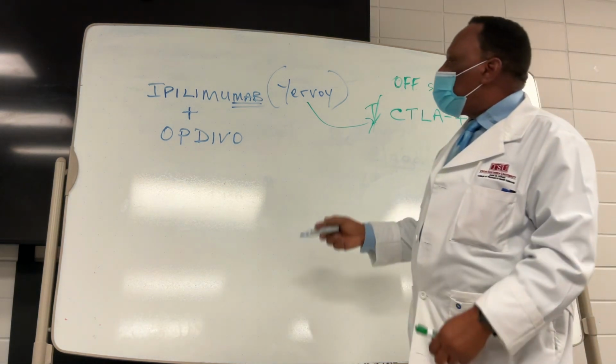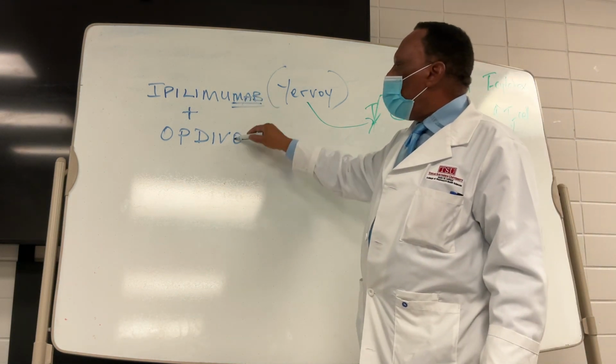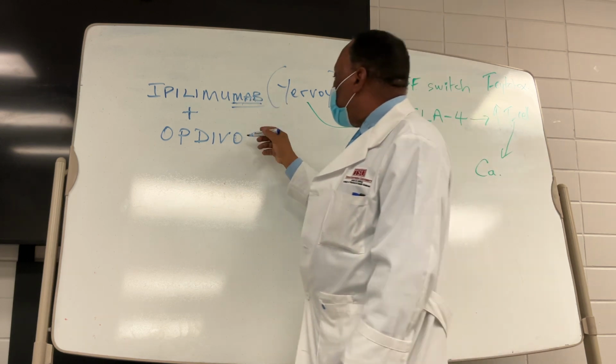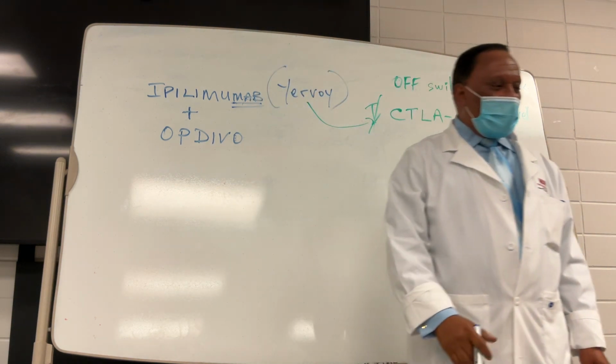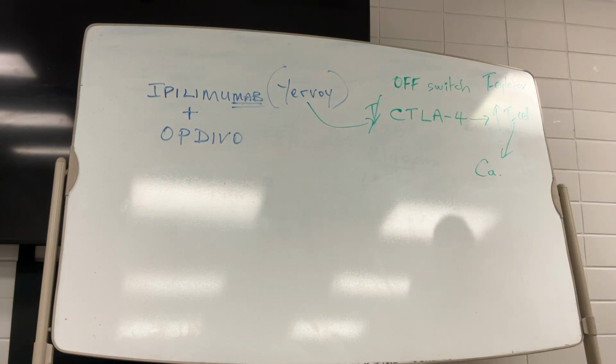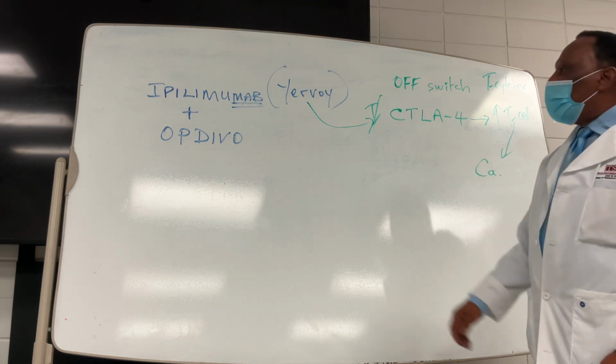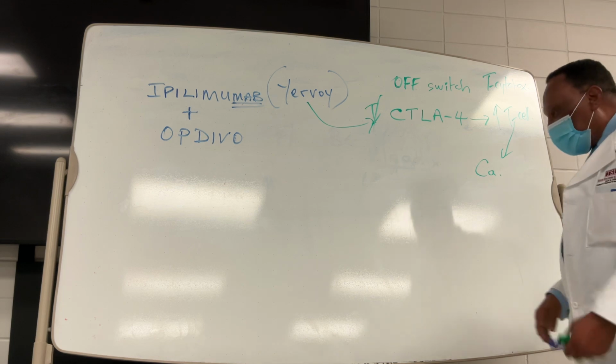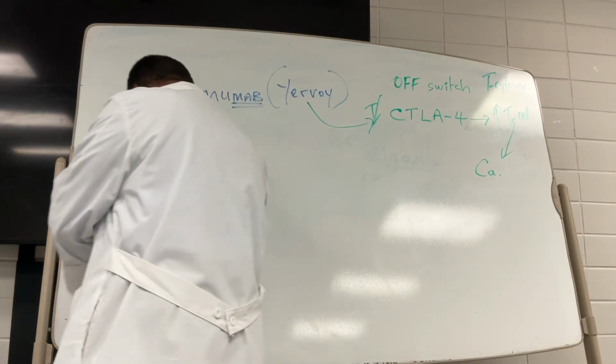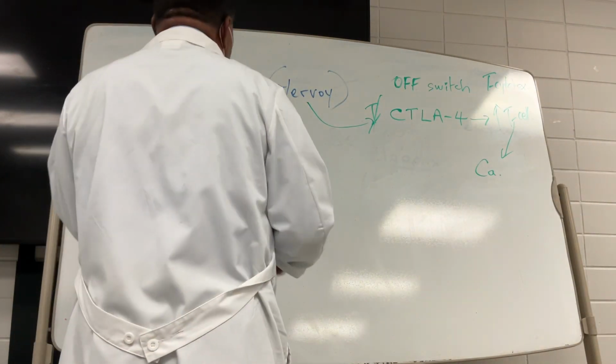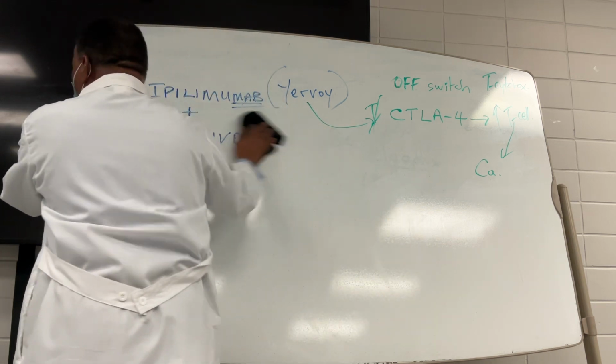Okay, so this combination you can very often see used together for the treatment of your prostate cancer and small cell lung cancer and skin cancer and esophageal cancer. Okay, so that's another one that we want to mention there.